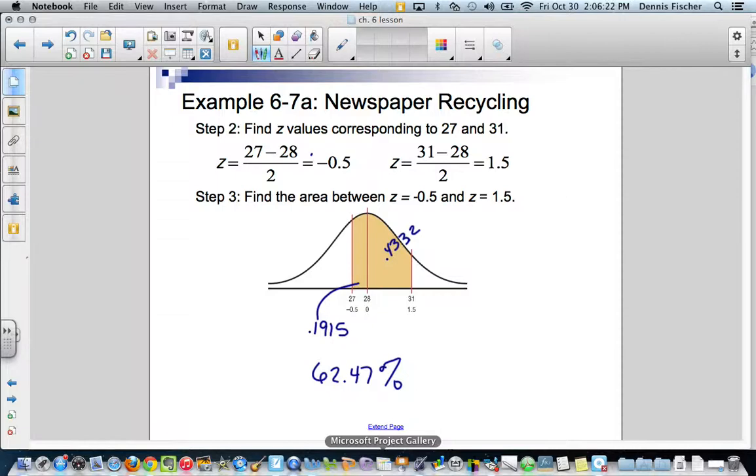I could go 62.5, I'm not too worried. What was the rounding we wanted? The z-score was 2 decimals, correct? I usually go 2 decimals on the percentages, so here I'd go 62, and then 0.47. Because you have all the values in the chart, it's pretty nice to have the values in these charts.